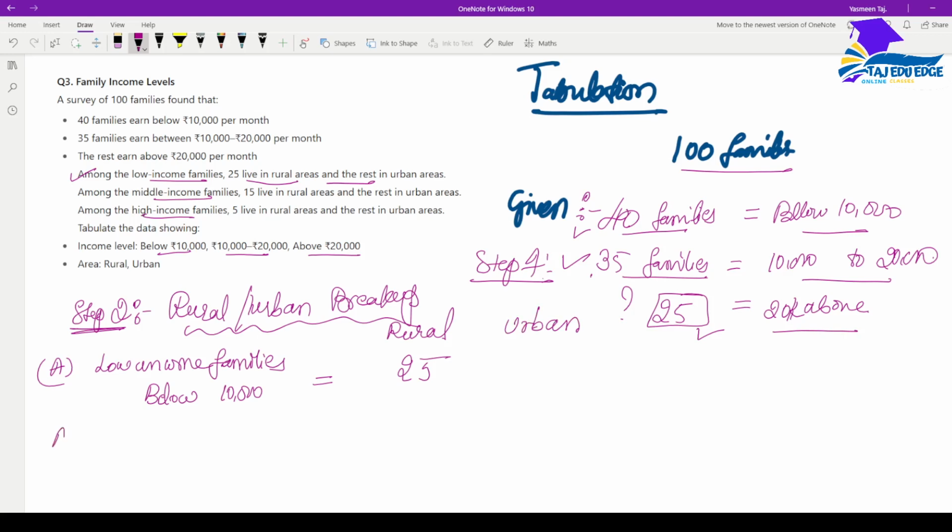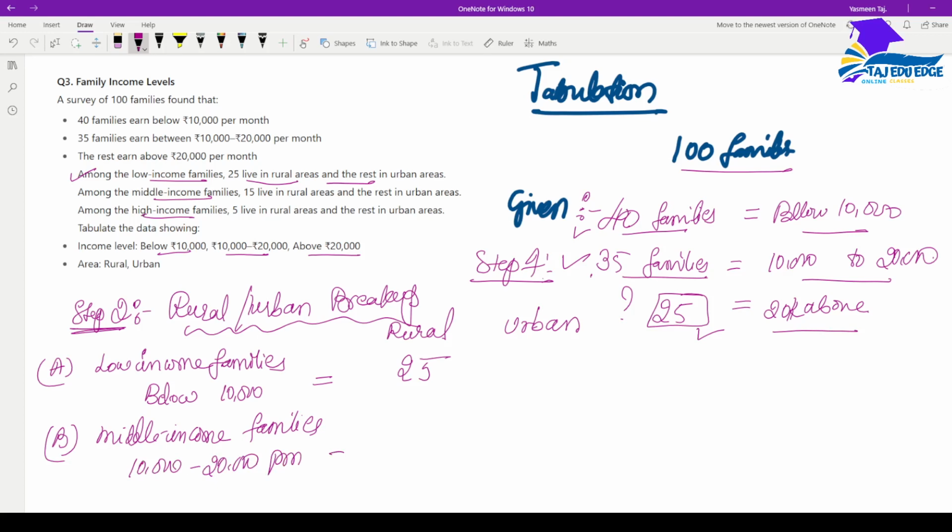Next, B, middle income families. Middle income families here means those who earn between 10,000 to 20,000 per month.